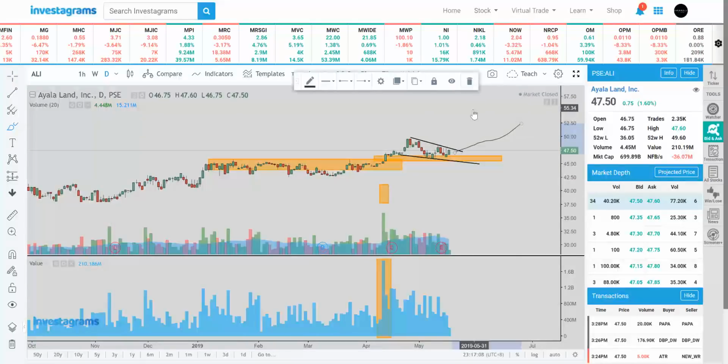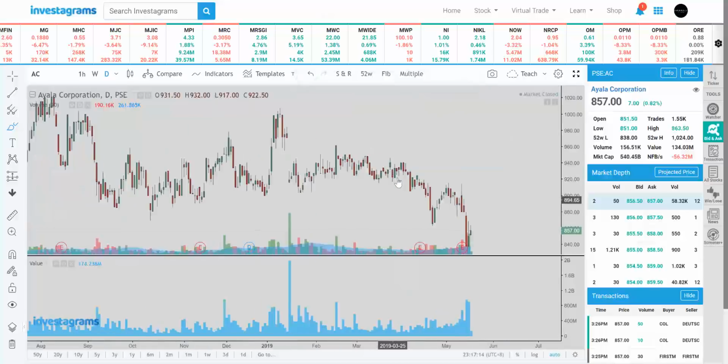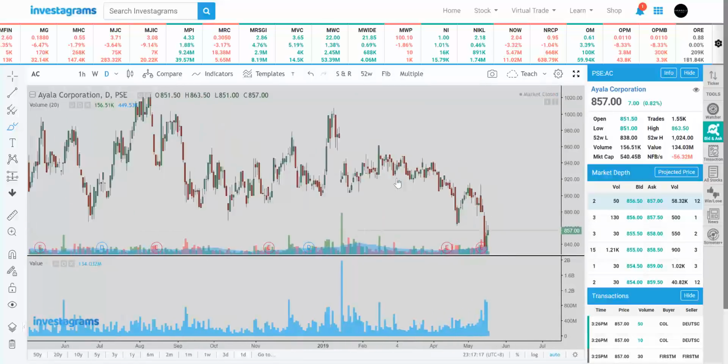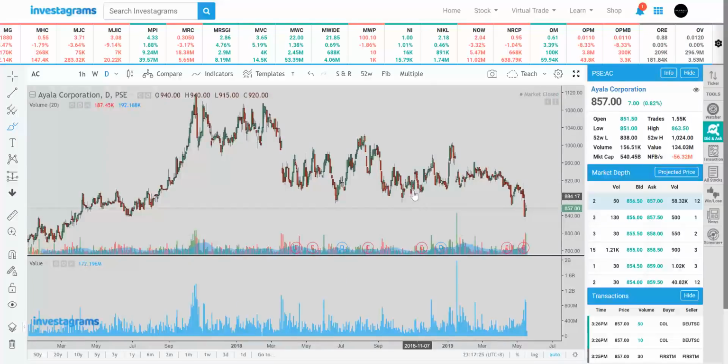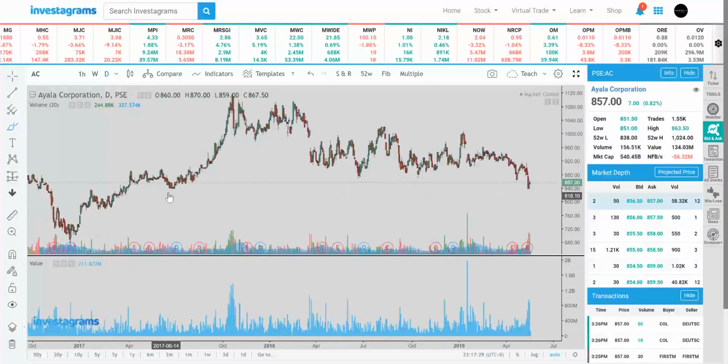That's one example. And then let's take a look at AC, the top two. So it's actively traded, but in this example, the price isn't that healthy. So the price here is a bit revisiting the support levels.